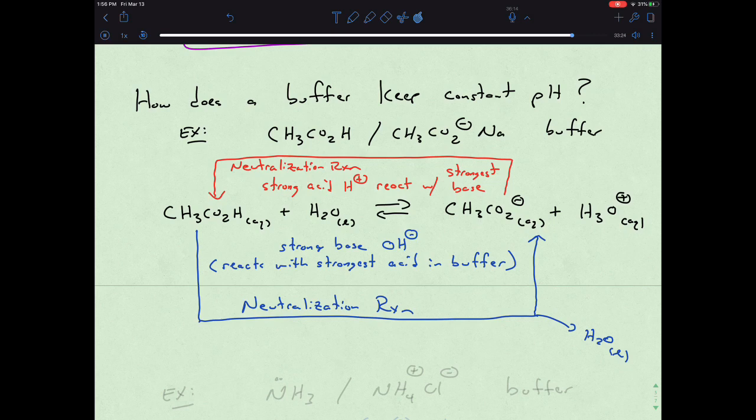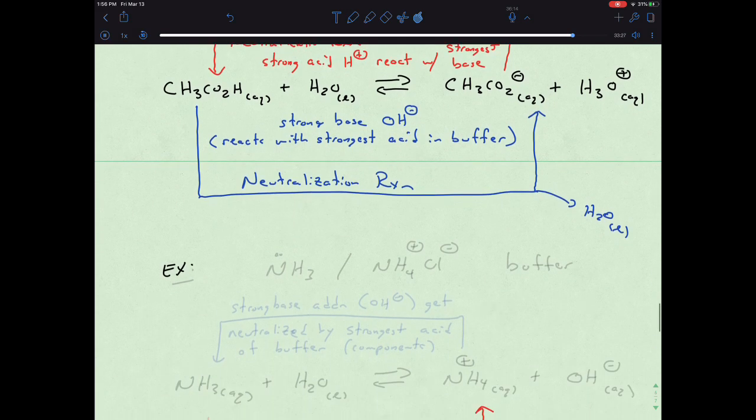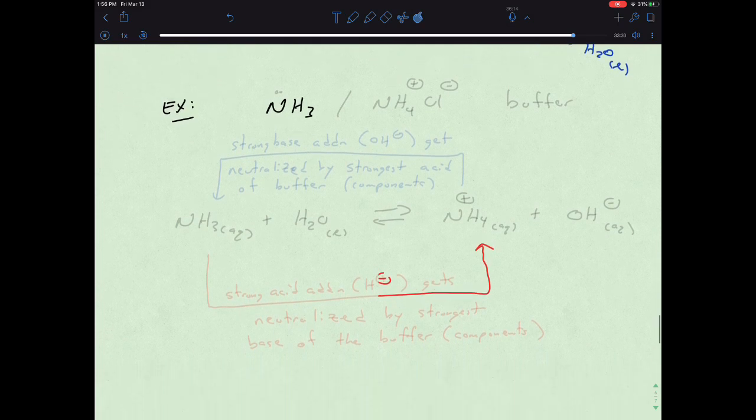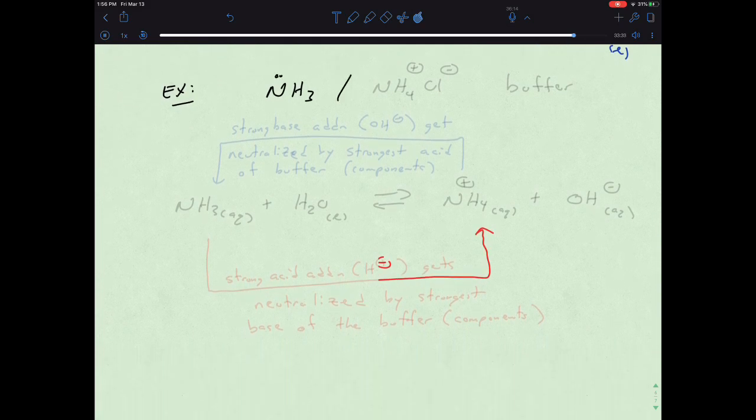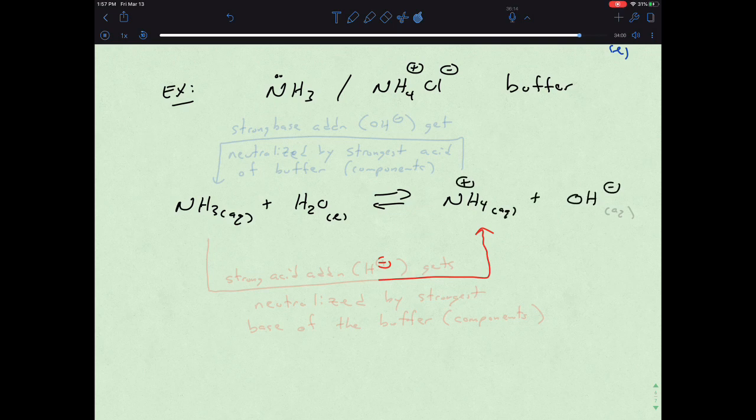You can do a similar example with a base type of buffer. So we talked about this ammonia and ammonium chloride being an example of a base type buffer. And so we would write it very much the same way by writing the equilibrium in terms of the parent. So there is our buffer.